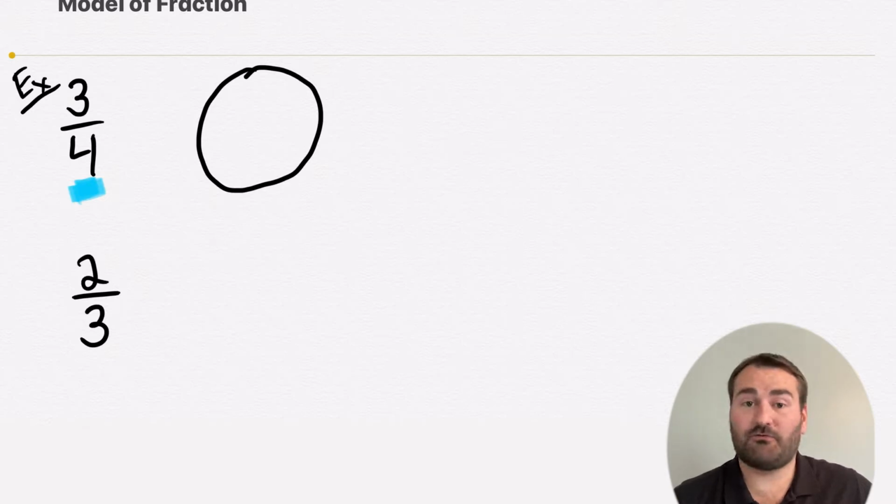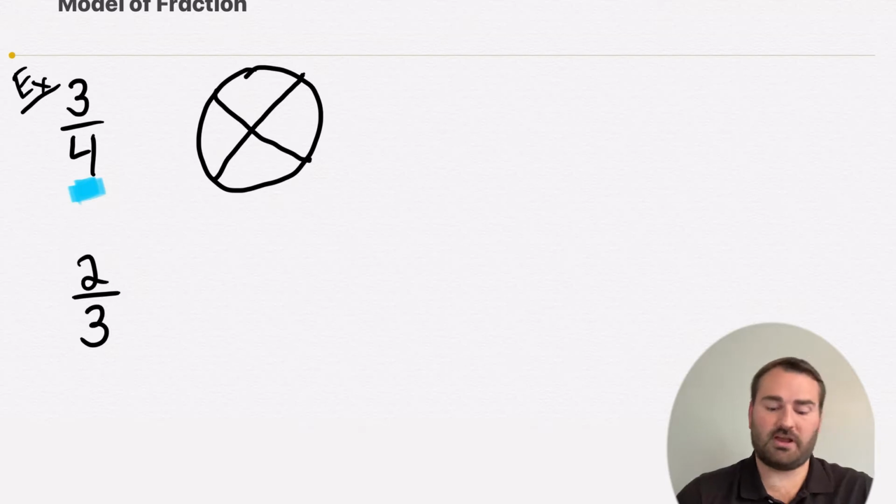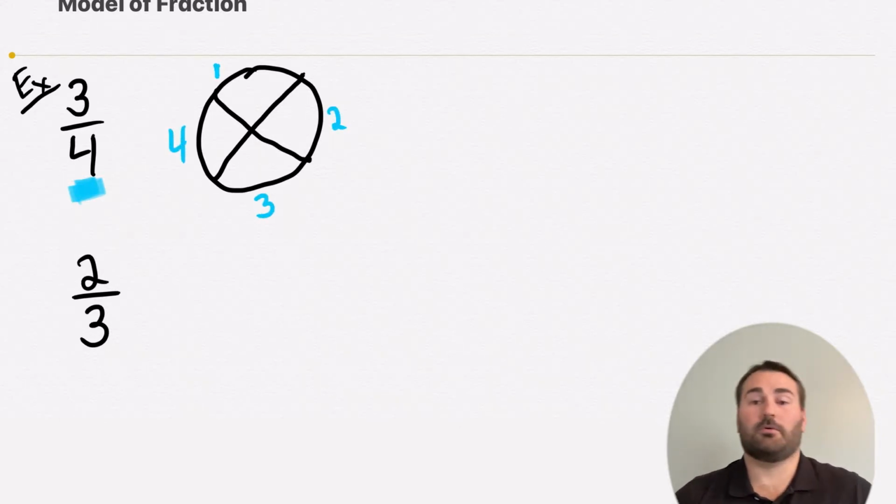The denominator is 4. We're going to take this circle and then break it into 4 parts. As you can see here, we have 1, 2, 3, 4. We have our 4 parts. That's what the denominator is going to tell us. What the numerator is going to tell us then is how many of these parts we shade in.